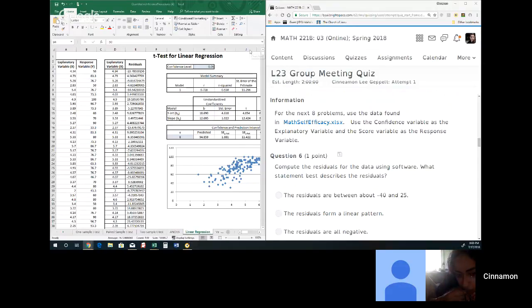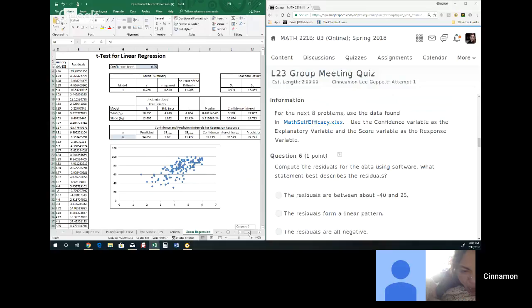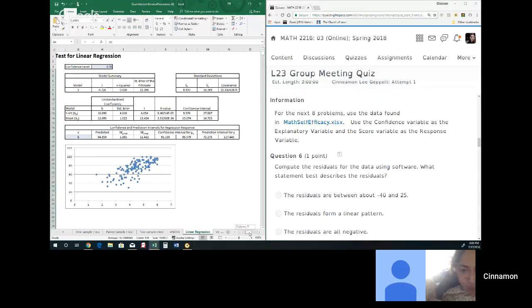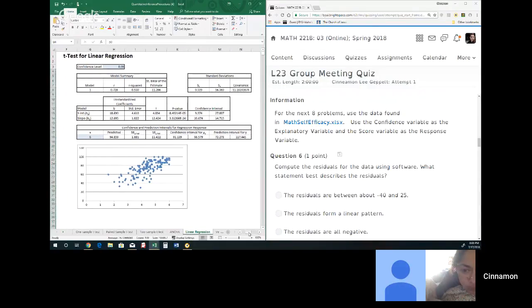Okay, so this was the part that I was a little bit unsure of. Let me see if I can scroll this over a little bit. I couldn't really tell because I was trying to follow along and make my Excel do it, and I just wasn't sure, so this isn't my residual, right?